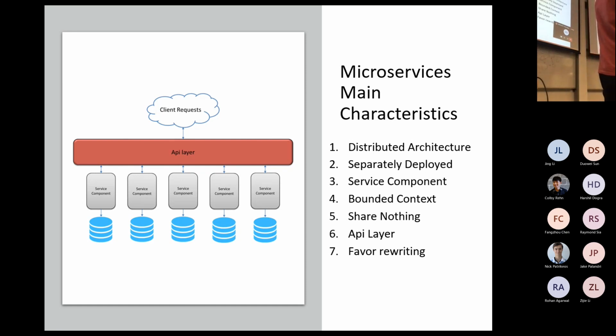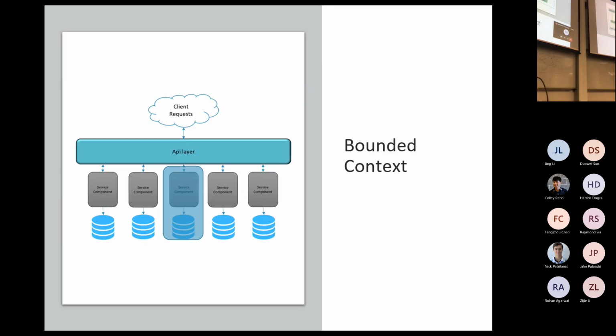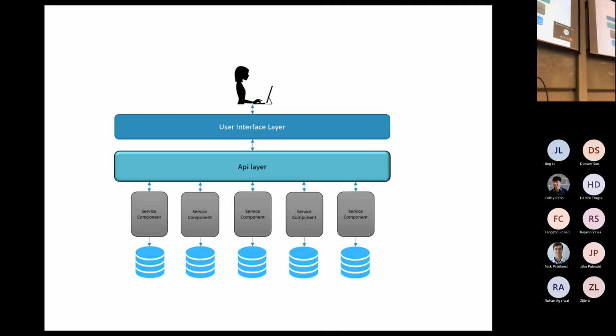The reason why microservices came is because maintaining a global model was very hard. It was much easier to split the data model across multiple microservices. So this is what Nick was talking about in the bounded context. And then the API layer would be what the user would see, and different components will be accessible in a uniform way.